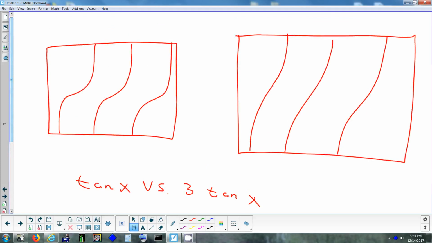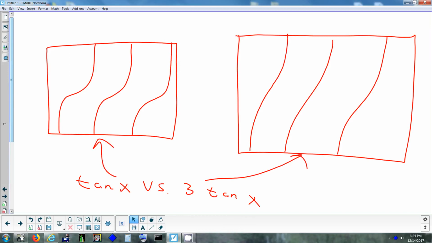Tried to make it relatively clear, but which one would be which? 3 tan x would be on the right, because that's a vertical stretch. Imagine this was a piece of wire and you started stretching it. It would start to straighten out. So 3 tan x, tan x.